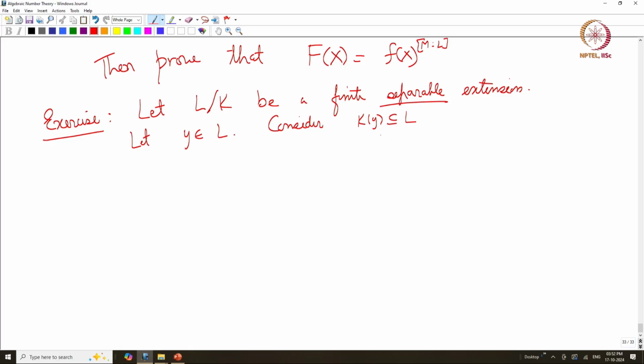So, you look at quotients of all polynomials f of x over g of x with coefficients in K, and then you evaluate them at y, provided that g of y is not 0. So, those are the kind of elements that are in K(y). So, that is a more concrete description of what K(y) is, but a more conceptual description is that it is the smallest field containing both K and y. Okay.